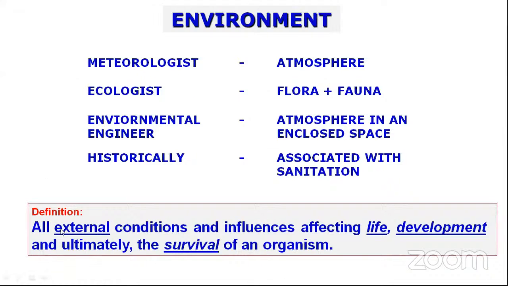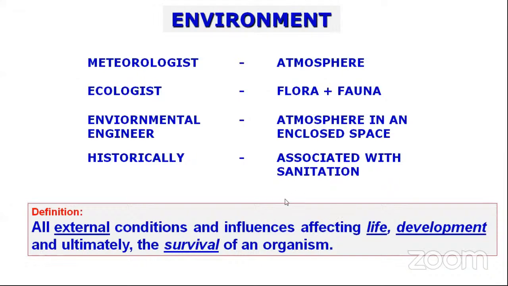So whenever you define environment, you need to explicitly say they are the conditions and influences and factors like air, water, soil, which will have a direct link, direct effect, and also affect. Affect means dependent. Without that, you can't live.